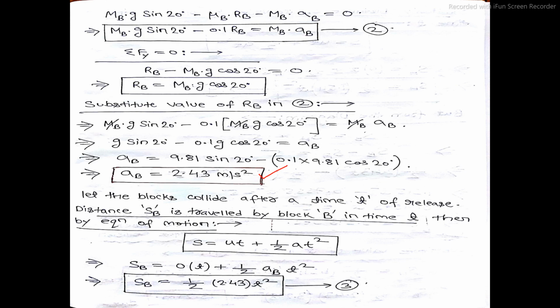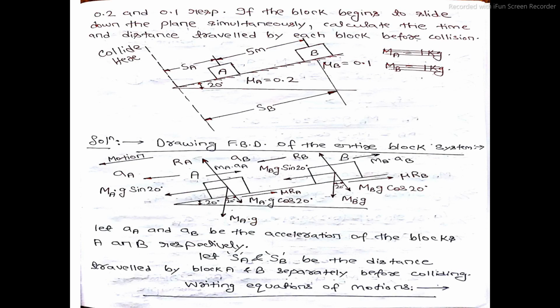But actually what we need to find out in this problem is firstly how much distance is covered by block A and block B before colliding. From the diagram it is very clear that the distance covered by block A from its initial position to the colliding position is SA, and the distance travelled by block B from its initial position to the colliding position is SB.